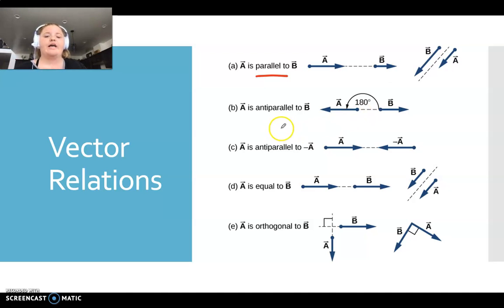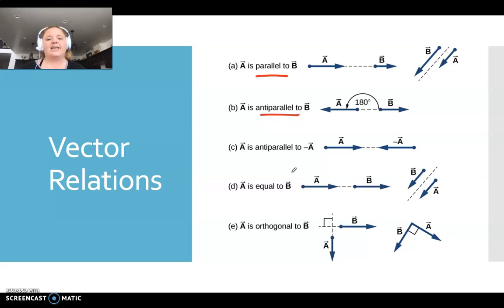Now we can do the exact opposite of that and say that A is anti-parallel to B. So they're pointing in the exact opposite directions now. Now if I have a vector A and a vector negative A, this means that they're the same exact vector, but now they're pointing in the opposite direction.